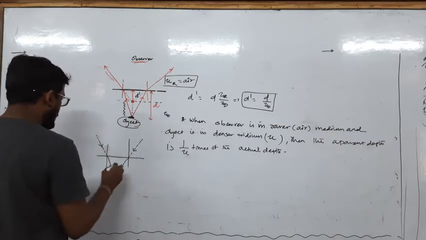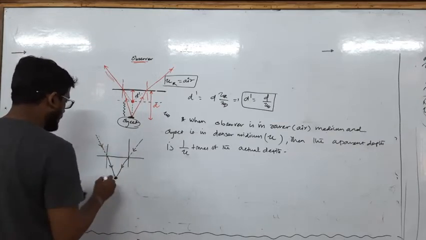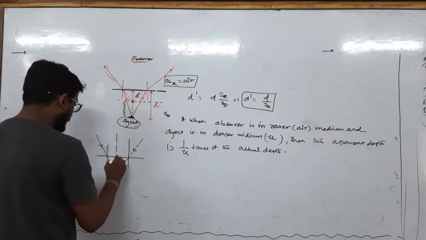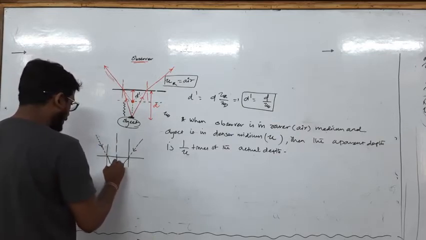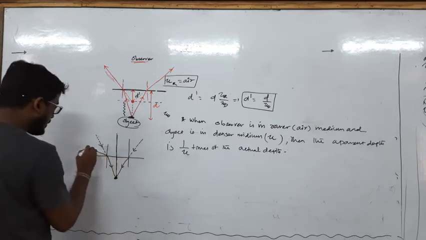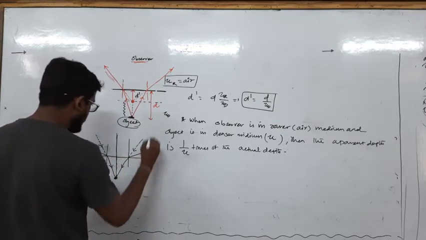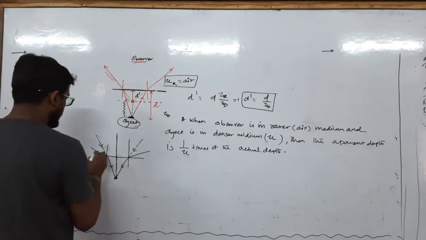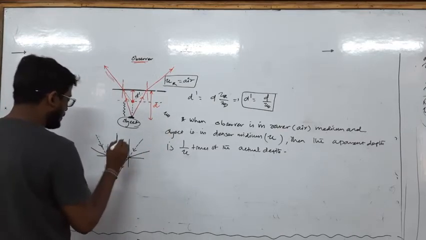But when the observer sees it, it will move away from this and will seem to be here. Clear?